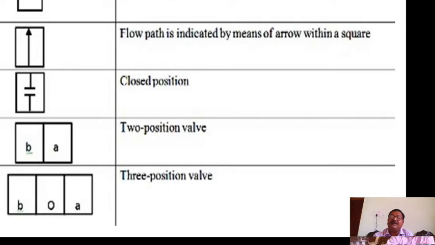The same valve, same envelope, but the positions of the valve are two, B and A. Here three envelopes or squares are incorporated in this valve: B, O, A. Here there will be three positions of the valve, like open, closed, or open, closed.